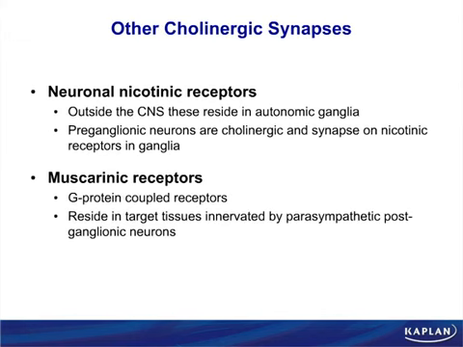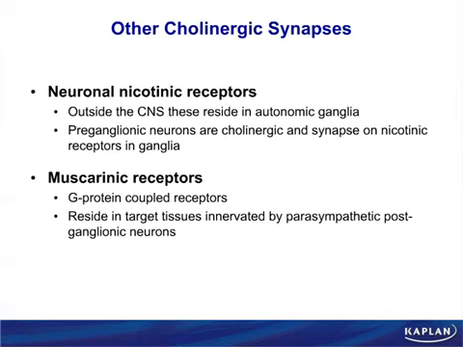All right, continuing on with the idea of the cholinergic system. Again, this is acetylcholine. We have neuronal nicotinic receptors. We just talked about nicotinic receptors at the muscle, but we also have nicotinic receptors on neurons. Outside of the central nervous system, the place to look for these on step 1 will be the autonomic ganglion.